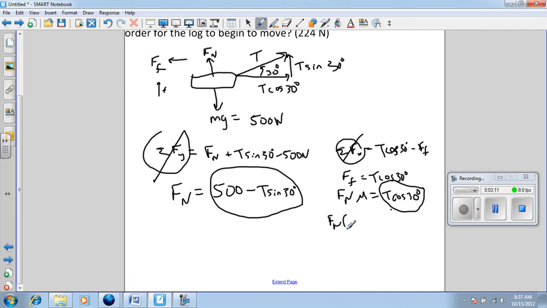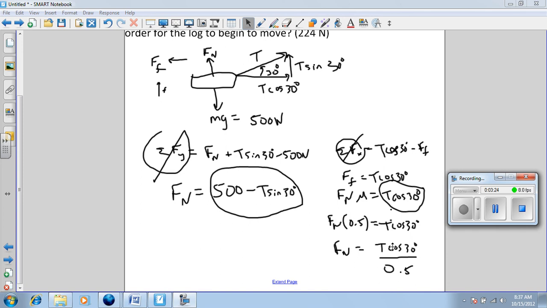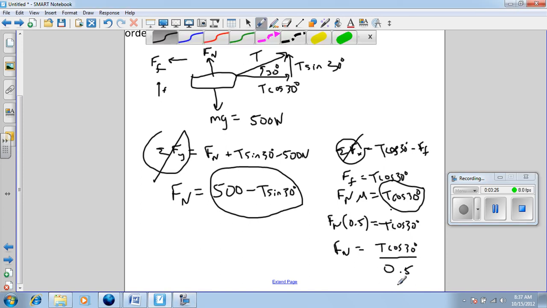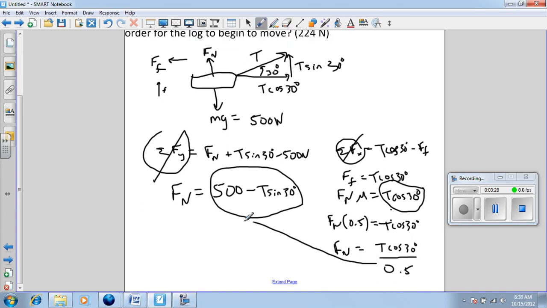So Fn times 0.5 equals T cosine 30. So let's solve for Fn there, and then take this and plug it in up here.